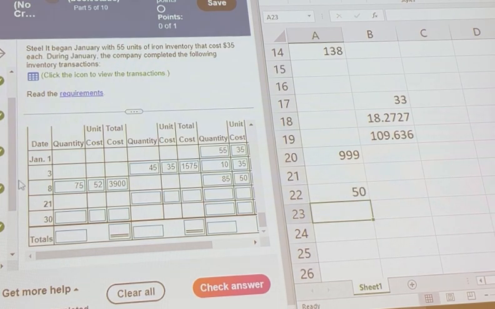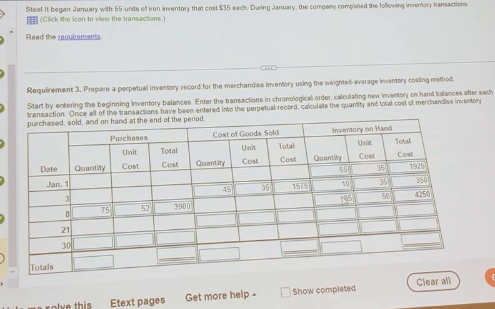So that's why our new weighted average cost on the 8th is $50. That's where this $50 comes from. That's different than it was with LIFO and FIFO, because when we make a purchase, we're computing a new average weighted cost. We fill that in here as our unit cost.